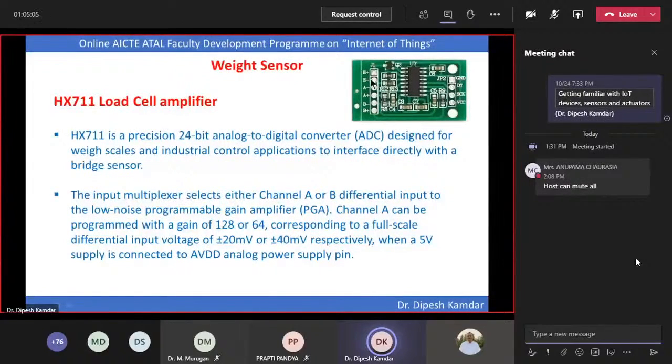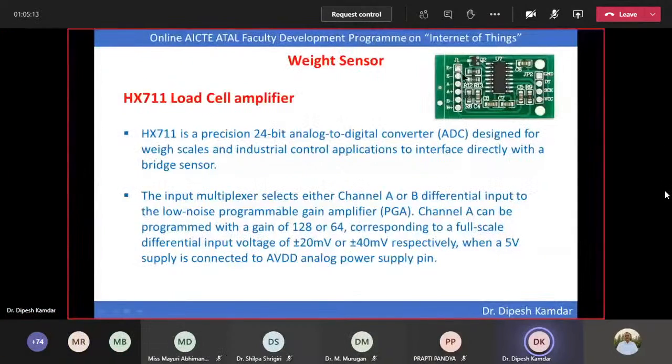Basically, you can connect four terminals here: E minus, A minus and A plus, or you can connect E minus, B minus and B plus, depending on the kind of sensor, the application, the weight requirements and the accuracy requirement. Based on that, we choose between the A and B terminals.